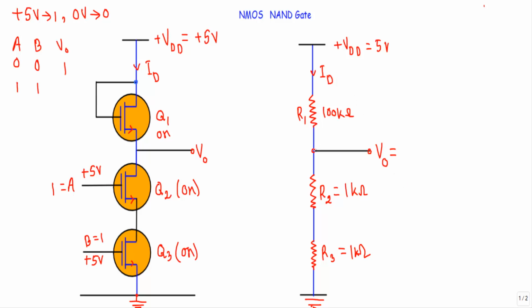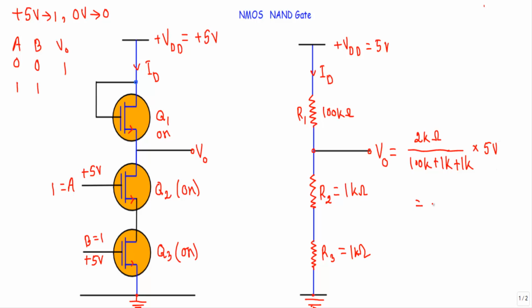See here, from this terminal to this terminal I have a resistance of 1 plus 1, total 2 kilo ohm. So if I want to calculate output voltage, I will apply voltage divider rule. That will be 2 kilo ohm divided by 100k plus 1k plus 1k into 5 volt.